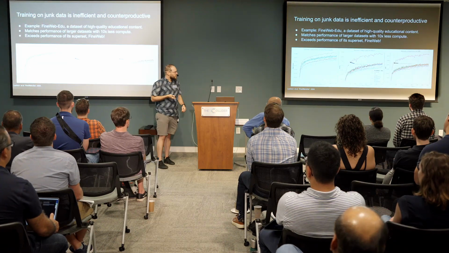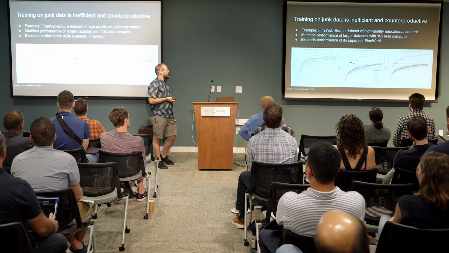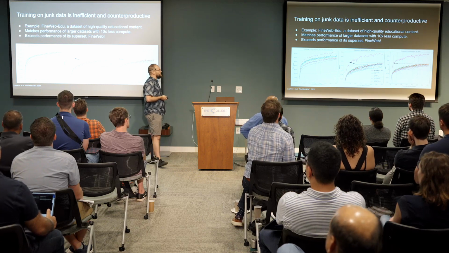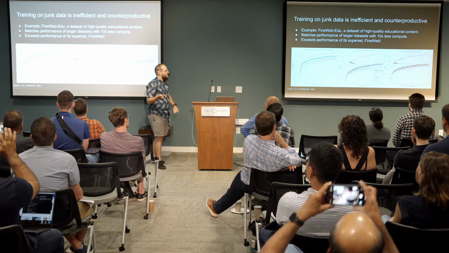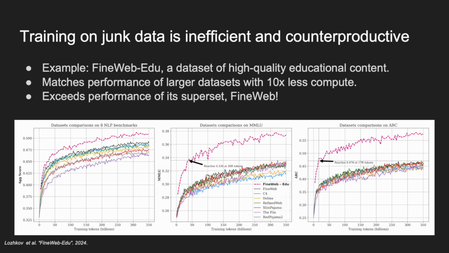Another example of this is FineWeb-Edu, where they took another data set called FineWeb and filtered it for the most educational content, and were able to match and exceed the performance of the whole data set.